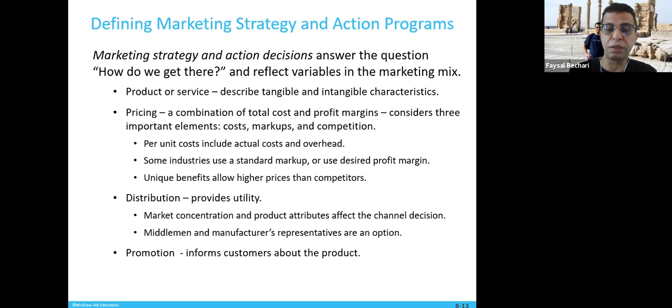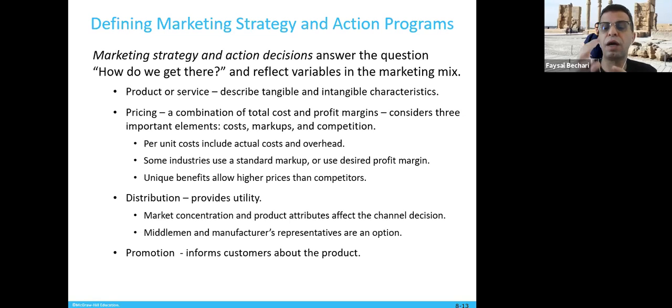Now you need to price. How are you going to price these things? A combination of total cost plus profit margin or markup price. Consider the three important elements: your cost, your markups, and your competition, because you cannot stay away from the competition. So you need to look at the prices of your competition. Per unit cost includes your actual cost and overhead cost, and don't ignore these two parts.